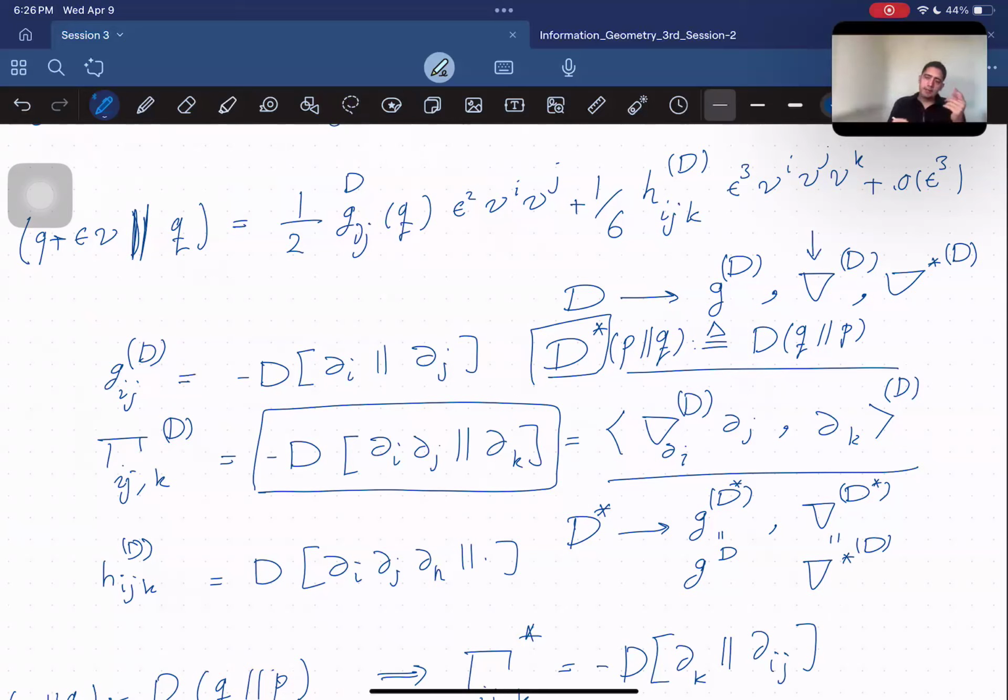And hence, because we had this nice symmetric relationship between dual and the connection and the Riemannian metric, it's easy to see that the dual of this is nothing but this. So given divergence, we defined a connection and a Riemannian metric and its dual.